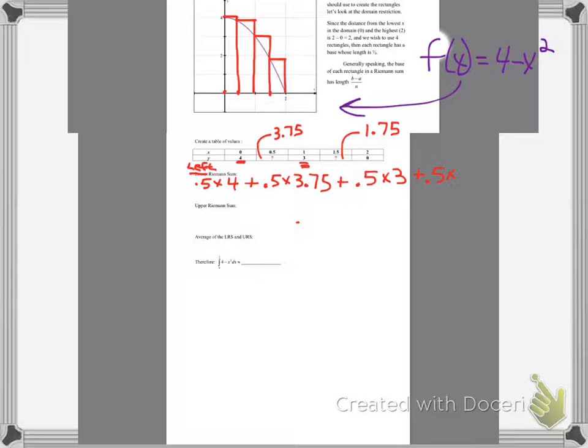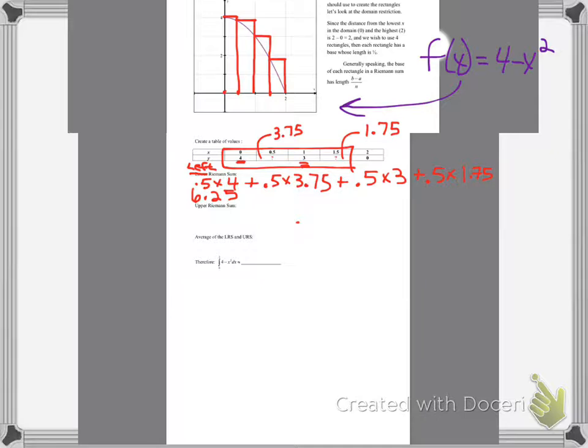The 1.5. Excuse me, the 1.75. I'm doing y values and not x values. So if I sum all of those up, my left Riemann sum will be 6.25. And I have used these values in red.